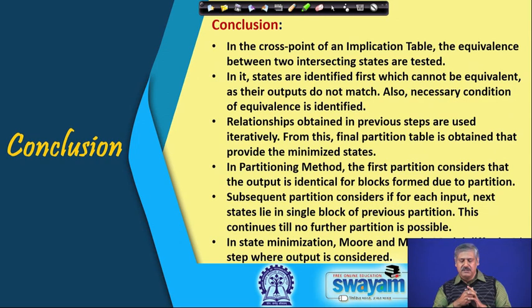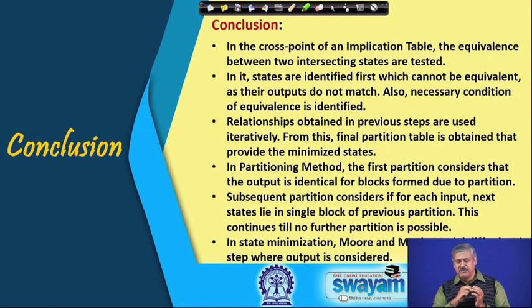In the partitioning method, initially we begin with all of them put together. The first partition considers that the output is identical for blocks formed due to partition, and subsequent partitions consider the next state, whether they lie in a single block of the previous partition or not. This continues till no further partition is possible.